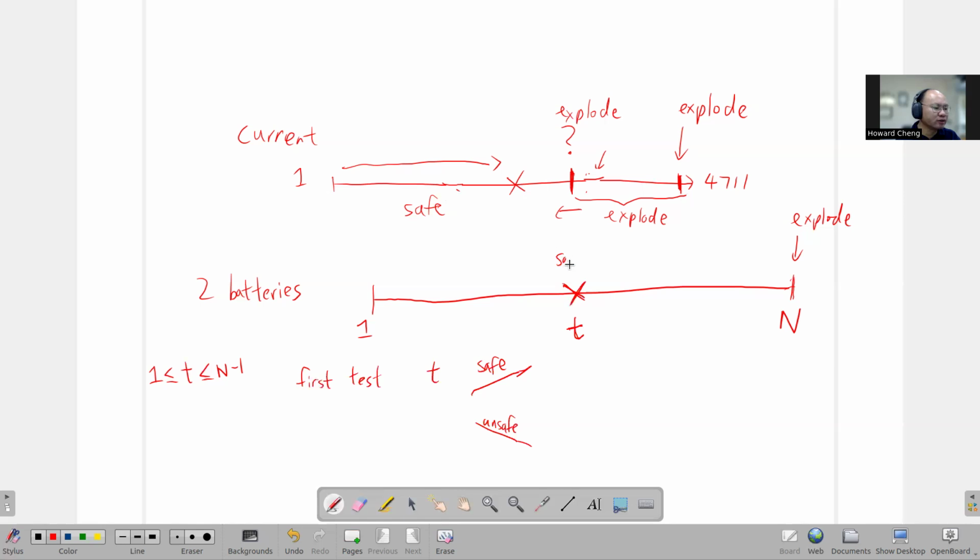So I know this is safe for sure. I also know that all of these are safe. So what that means is that I now know that the answer is somewhere here. How many different things are here? It's N minus T.